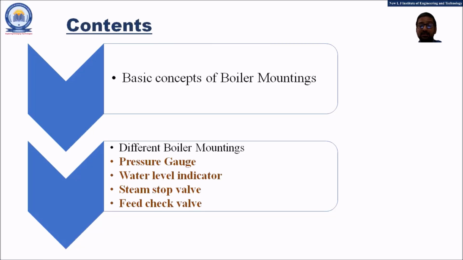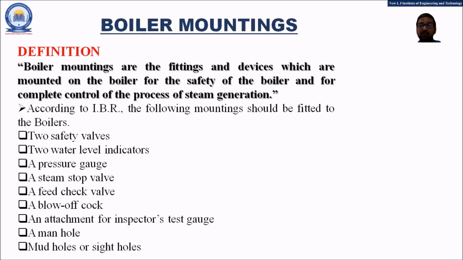In this lecture we will be discussing in detail the four types of boiler mountings. They are the pressure gauge, the water level indicator, steam stop valve, and the feed check valve. So let us start with the current session.